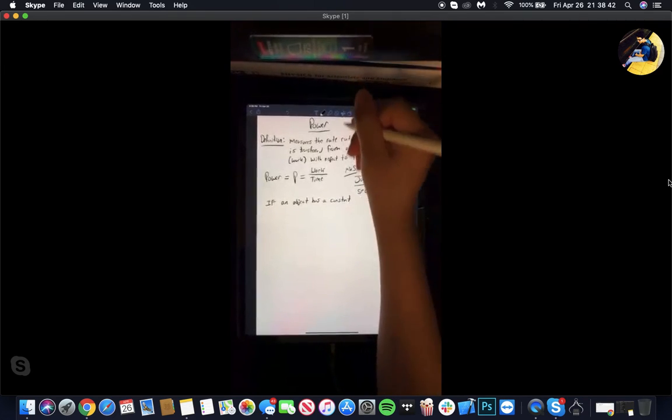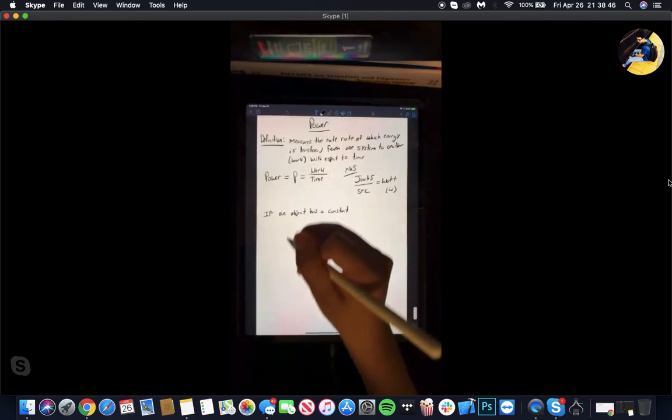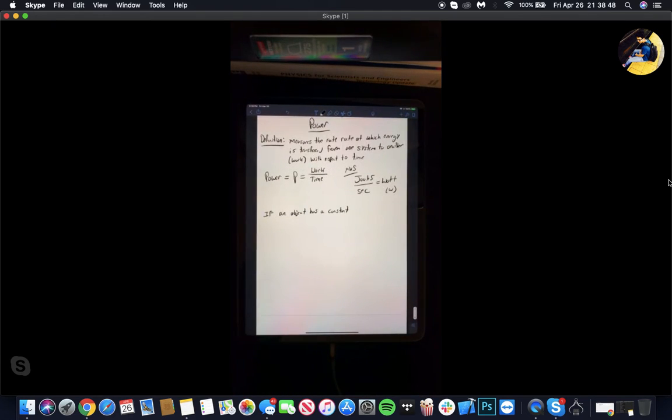There's no integration in watts, or in power? There is, if the force is not constant.